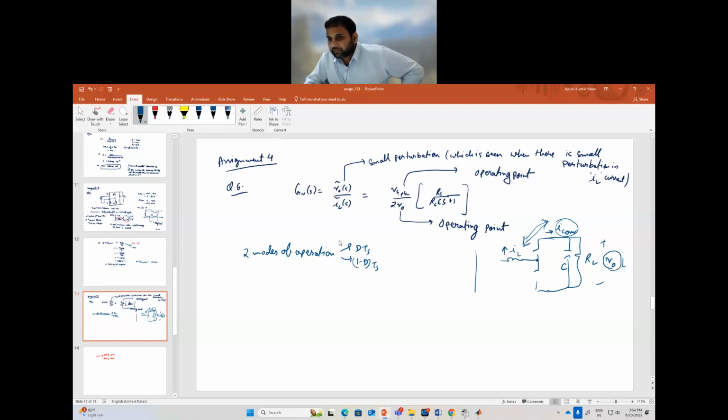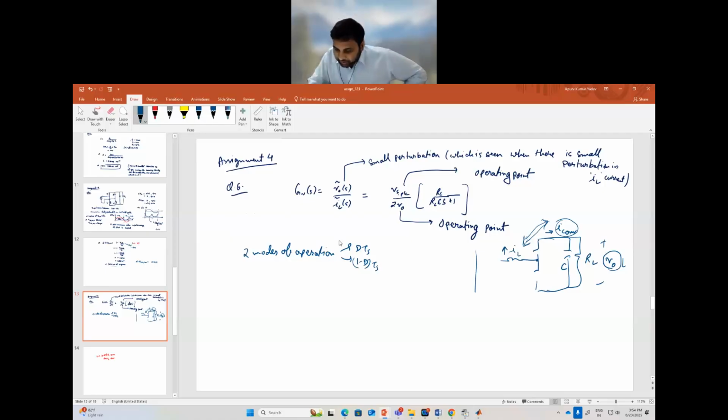The voltage appearing is nothing but the current coming over here multiplied by the impedance. We then represent I converter in the form of IL, and that's why we get the expression V naught small signal divided by IL small signal, that transfer function.